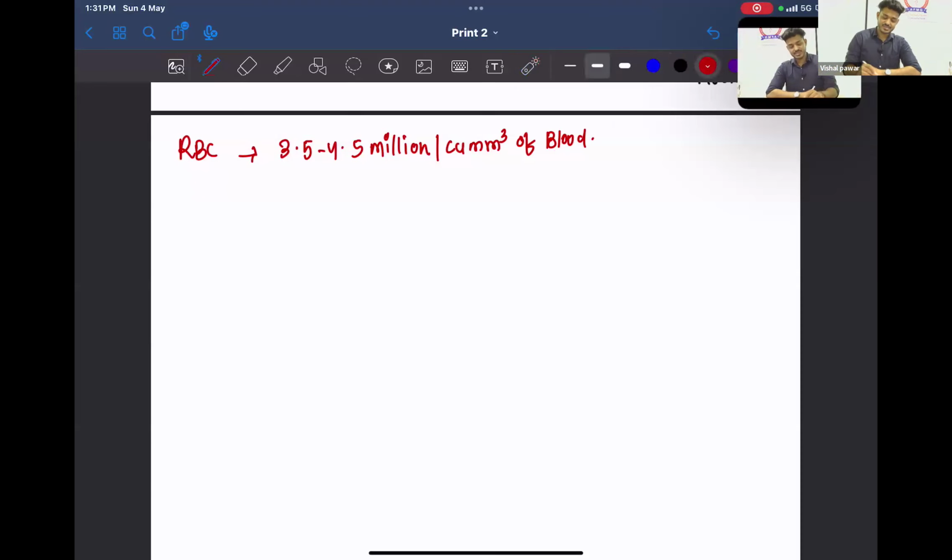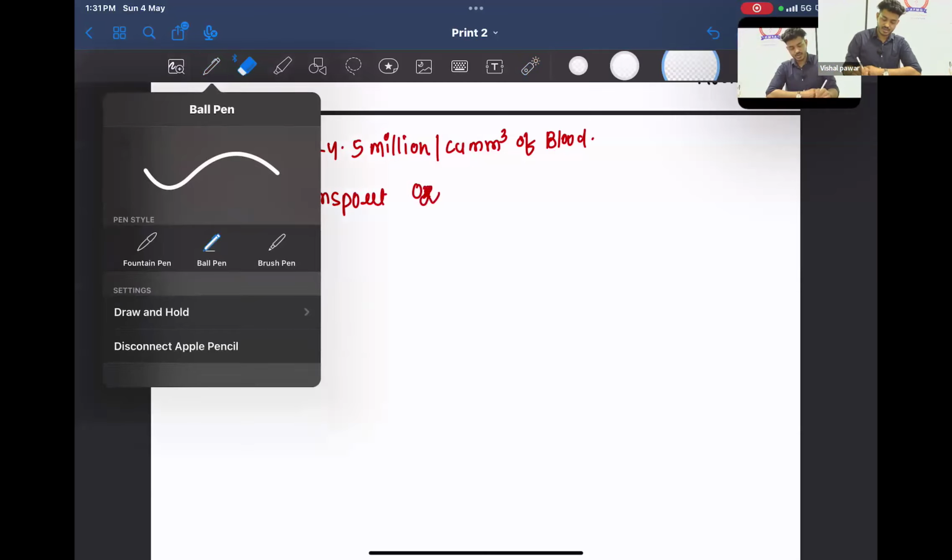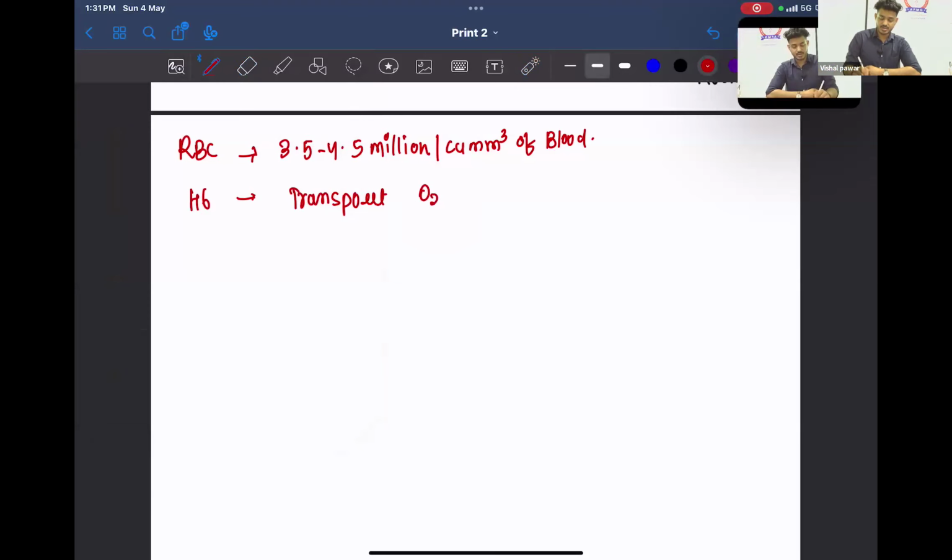RBCs have hemoglobin, and the function of RBC is to transport oxygen, not carbon dioxide. CO2 is transported mainly in the form of bicarbonate via the chloride exchanger, about 70% of CO2. Oxygen transport is the major function of red blood cells. When the levels of RBC decrease, this is known as decreased hemoglobin.